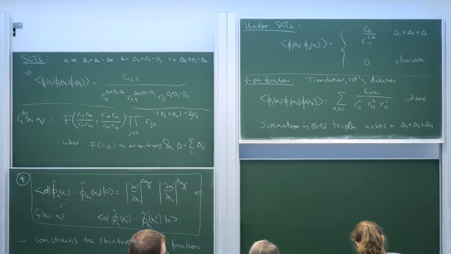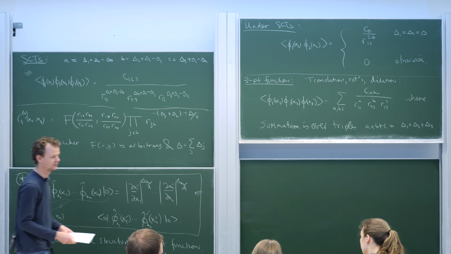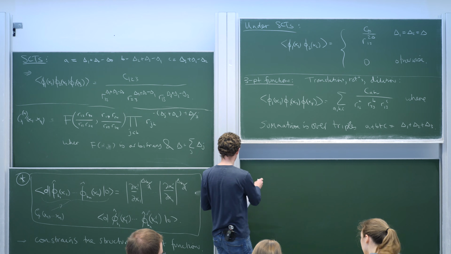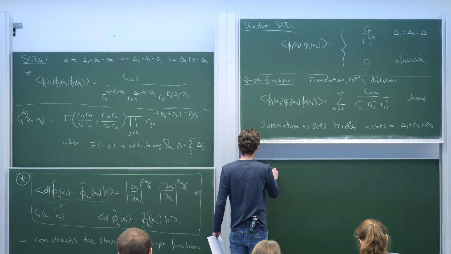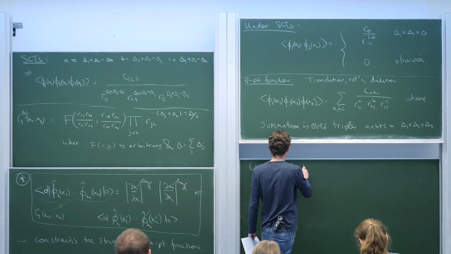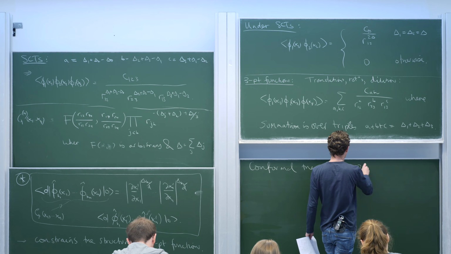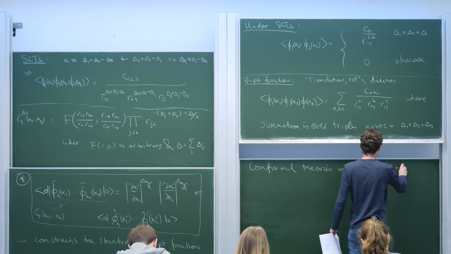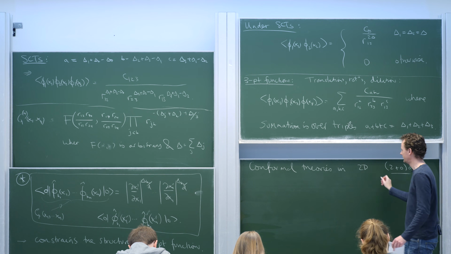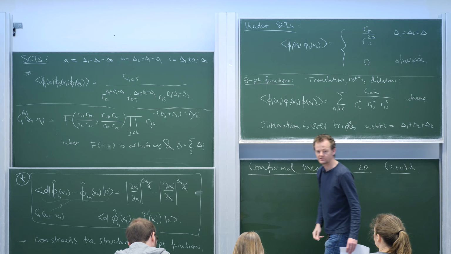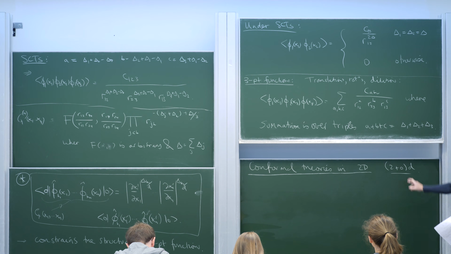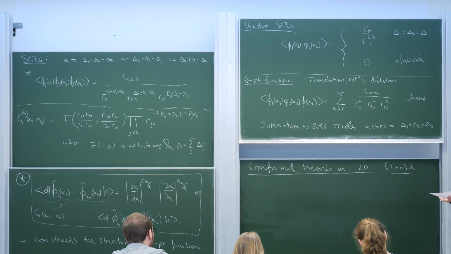Two dimensions. In 2 dimensions, we're going to slightly adjust our definition of what is a conformal field theory, quantum field theory. In particular, we're going to focus our discussion here on the case 2 plus 0, so Euclidean space.